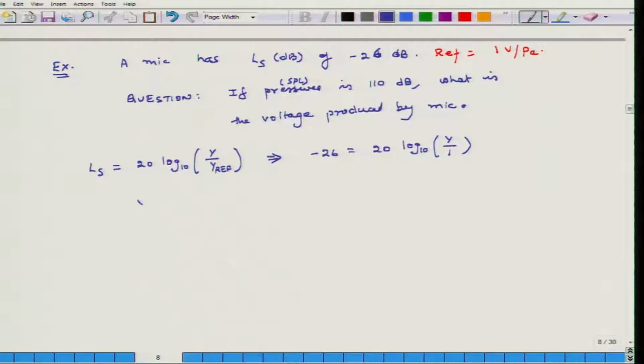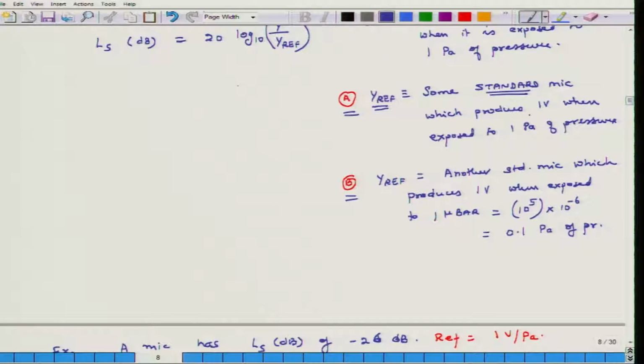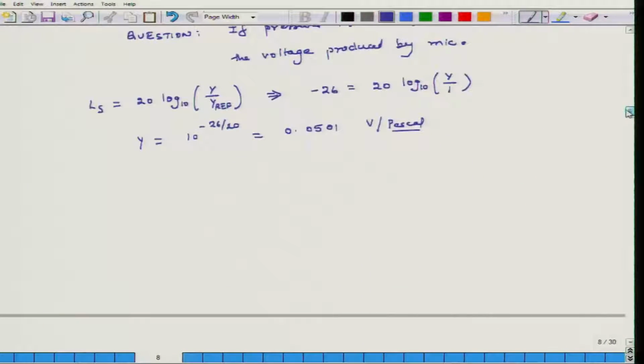So, this gives us Y equals 10 to the power of minus 26 divided by 20, that is equal to 0.0501, and this is volts per Pascal. Why is it Pascal? It is not microbar, it is Pascal because our reference is 1 Pascal, because it is of type A. So, if I expose it to 1 Pascal of pressure, it will generate 0.05 volts.